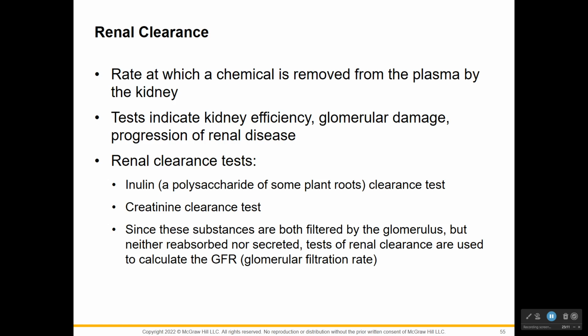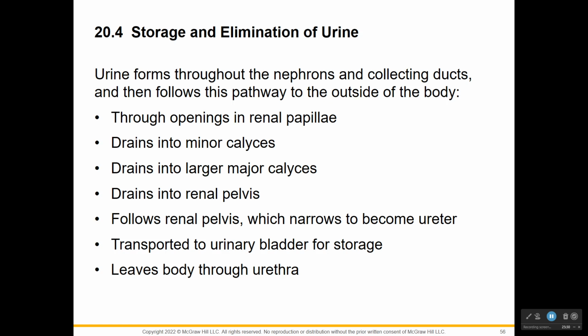So these substances are both filtered by the glomerulus, so you'll see it in the filtrate, but neither are reabsorbed nor secreted. So that's how we can use them as a constant to see how fast the glomerular filtrate rate is. And that's called a renal clearance test or rate.